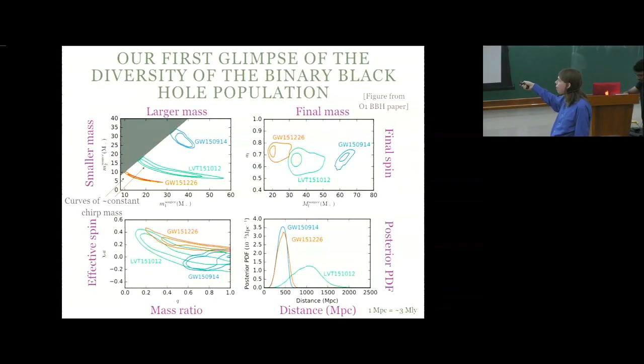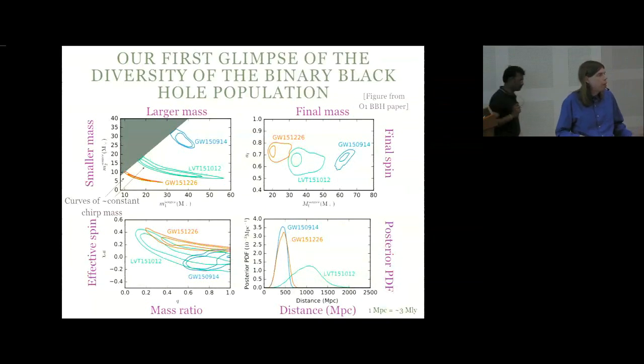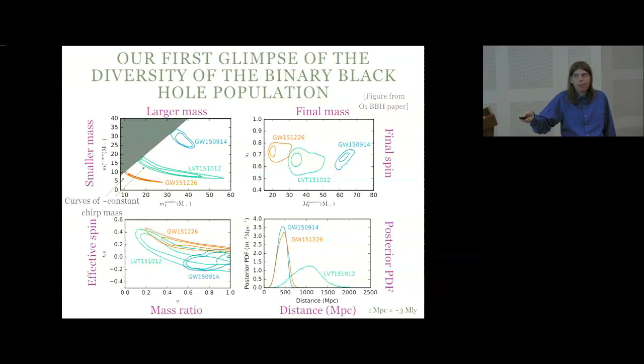Obviously, the final mass differs by a bit more, as it is directly correlated with the total mass. These things all radiate about the same 3 to 5% of the total mass, which is, of course, an enormous amount of energy. Here also showing you the mass ratio, which you see is not well constrained at all.